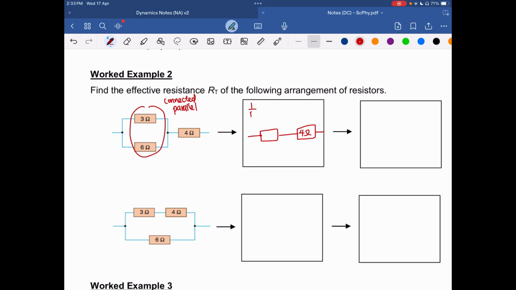Let's say I call this R1. So 1 over R1 would just be 1 over 3 plus 1 over 6. Remember, the effective resistance of parallel is calculated in the reciprocal. So let me type in my calculator. One third plus 1 divided by 6.